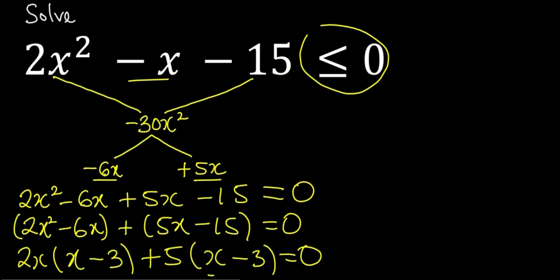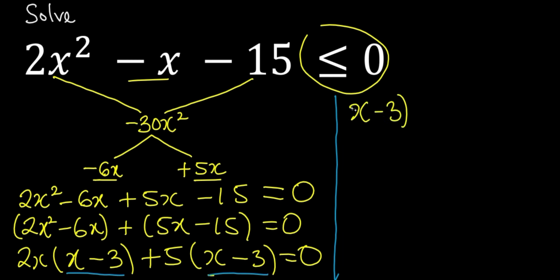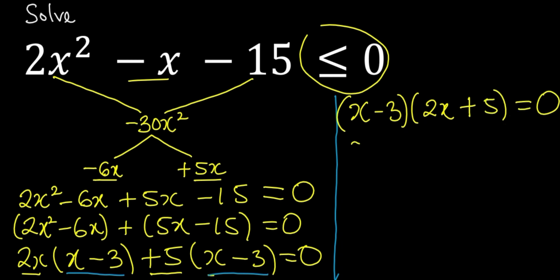You can now see that x minus 3 and x minus 3 are both common, so we factorize that out. We have 2x remaining plus 5, equals 0.